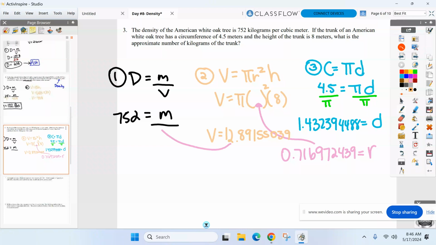And substitute that back into the volume. It says approximate number. Let's go nearest whole number here. All right, nearest kilogram. When you guys multiply, nearest kilogram.